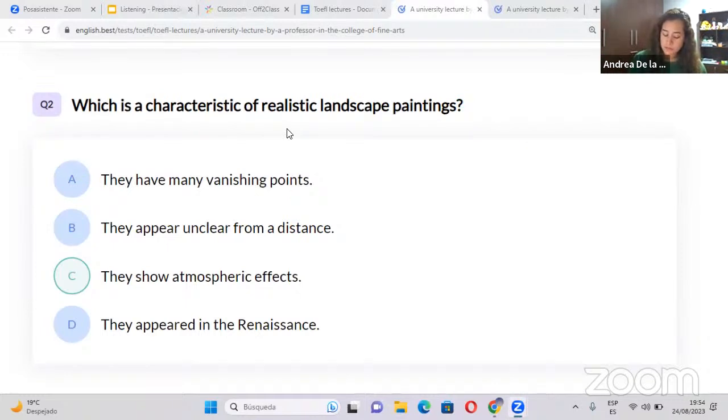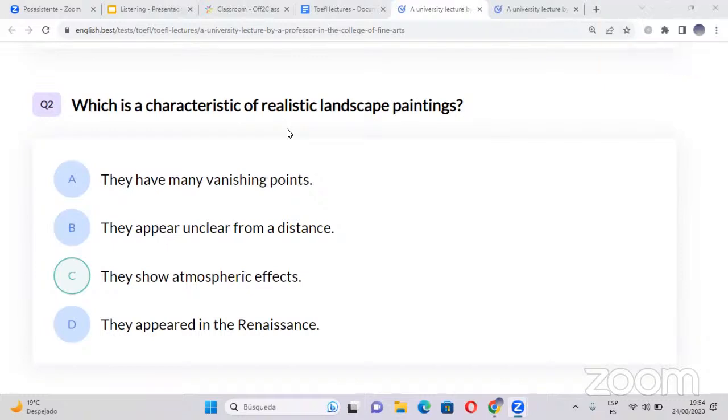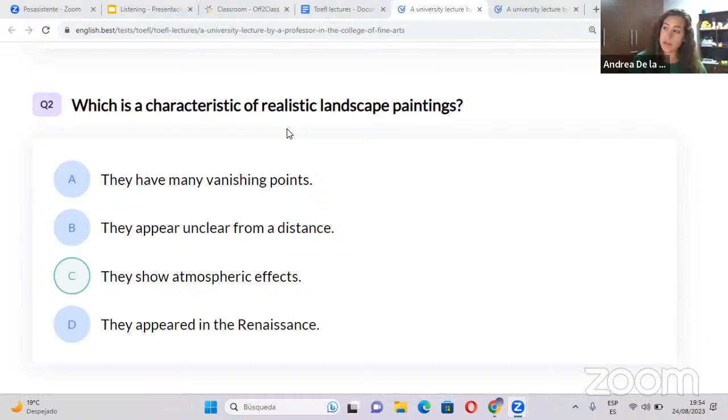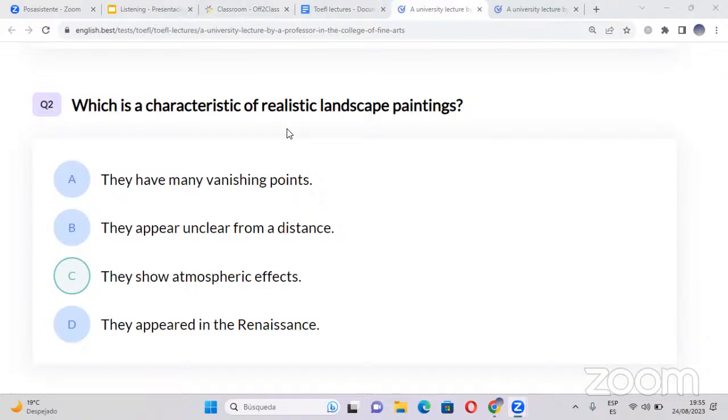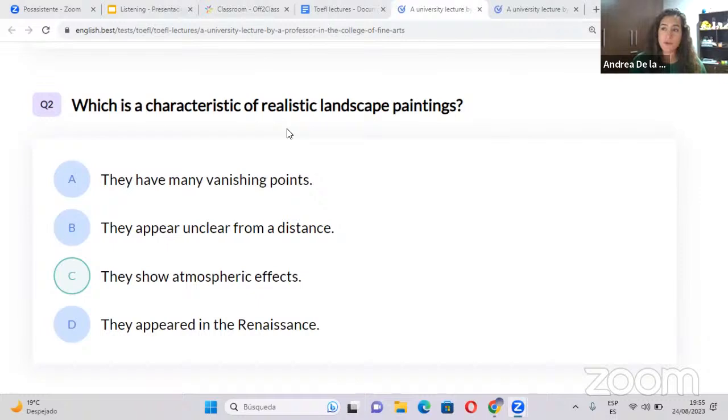And any other question? Yes, it is possible that, for example, aerial perspective was the response in two questions. It can happen, but obviously it's not very common. Most of the time, you only get one question per subtopic. And there are some topics where you don't get even one question, because you have five or six questions, and the first one is always going to be the main idea.